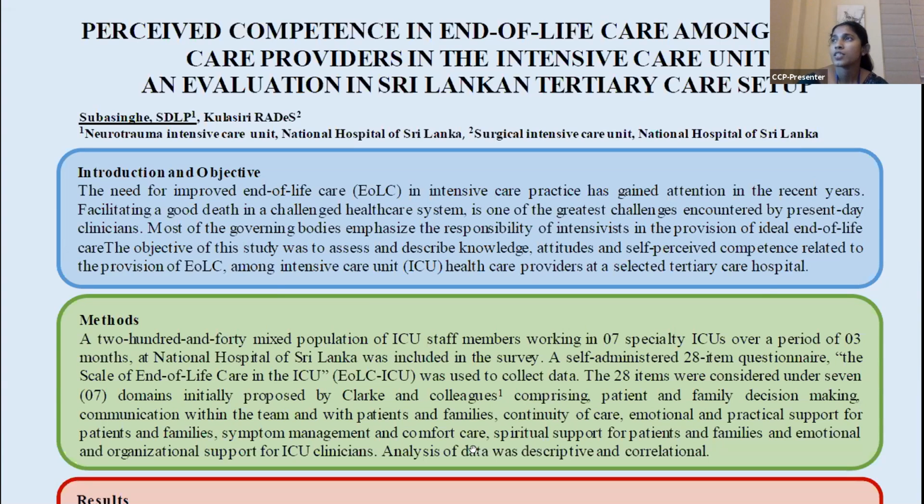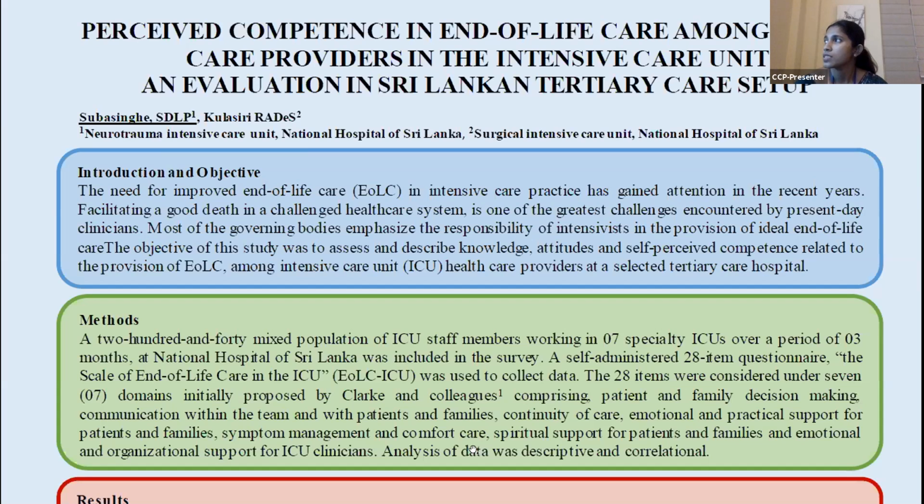So this study was conducted in National Hospital of Sri Lanka, involving 240 mixed population ICU staff members working at 7 specialty ICUs over a period of 3 months in 2018. The method we used to collect data was a self-administered scale of end-of-life care in the ICU questionnaire, which was validated and previously used by two studies.